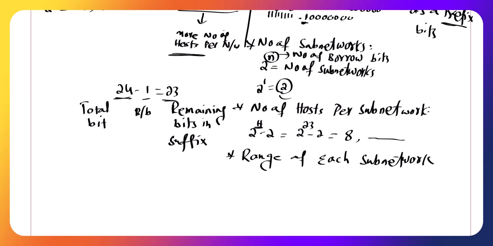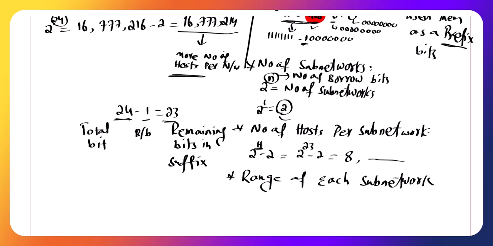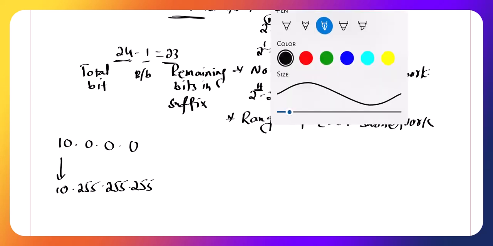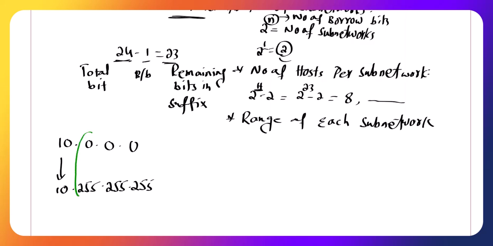How many bits do we borrow? One. So the number of subnetworks is 2. What was the default range of the second octet? It was 10.0.0.0 and it was up to 10.255.255.255. Focus on the second octet, because from here we borrow a bit. It is equal to 256.